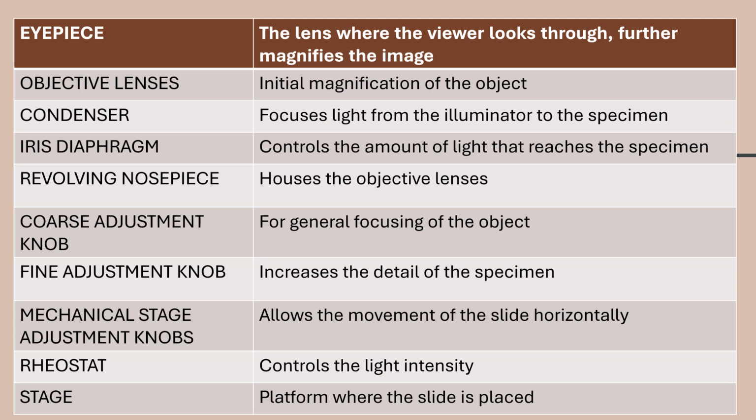Usually, your coarse adjustment knob is used when you are using your low power objective, and then when you switch to high power, you make use of your fine adjustment knob.